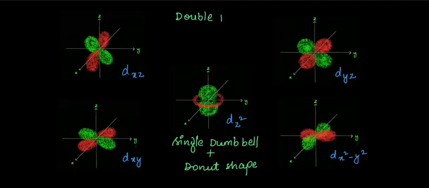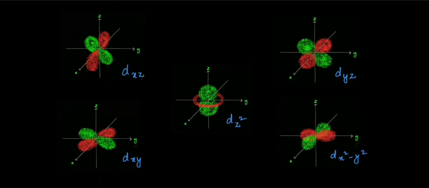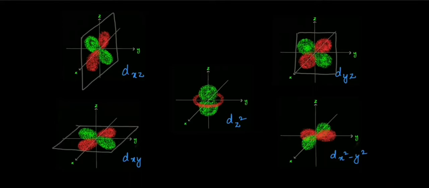The remaining 4 orbitals have double dumbbell shape. Now let me show you the planes in which these orbitals exist. dxz in xz plane, dyz in yz plane, dxy and dx square minus y square, both of them lying in xy plane.